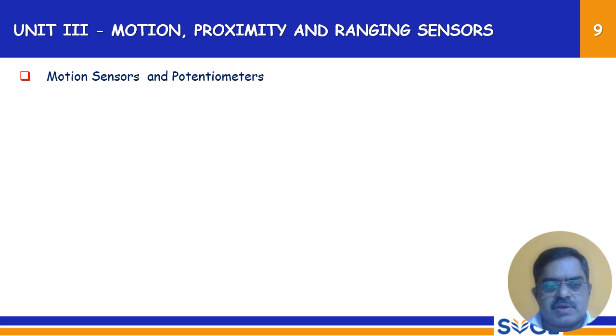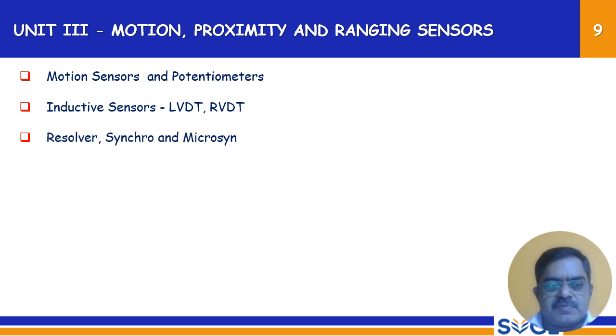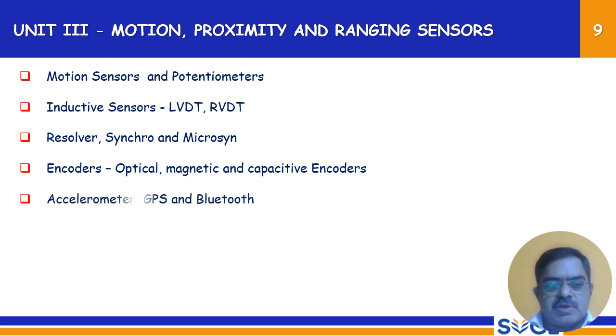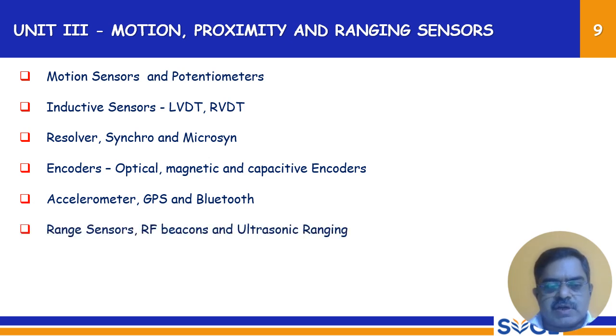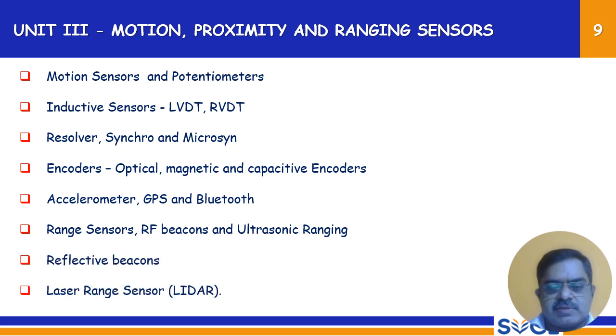Under this heading, we are going to see potentiometers, motion sensors, inductive type sensors that are LVDT and RVDT, resolvers, synchro, microsyn, encoders. We are going to see optical, magnetic, and capacitive encoders, and then accelerometers and GPS, Bluetooth, range sensors, RF beacons, and ultrasonic ranging. Reflective beacons, laser sensor, that is lidar.